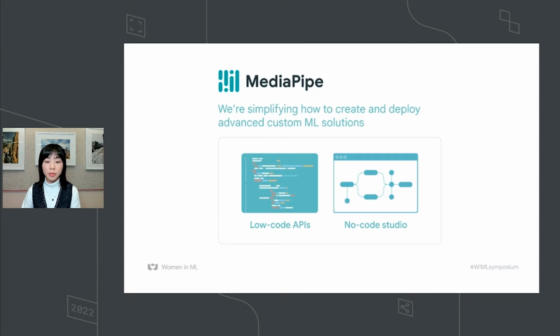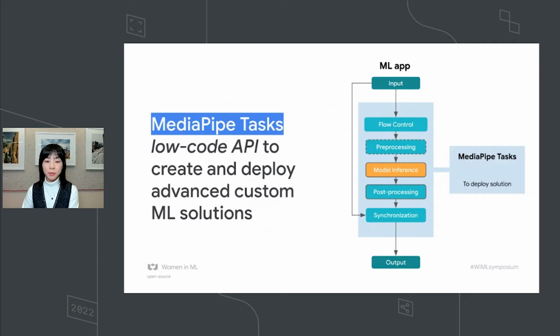Now, what if we were to tell you that we can simplify how to create and deploy advanced custom on-device ML solutions? Today, I'm very excited to share what we're working on for you. I'd like to introduce MediaPipe Tasks, MediaPipe Model Maker, and MediaPipe Studio, the new on-device products as part of the Tensor project. MediaPipe Tasks is a low-code API to create and deploy advanced custom ML solutions.